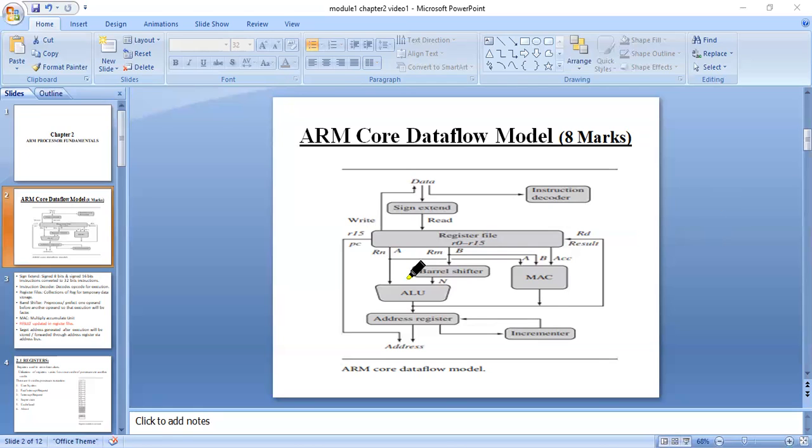To avoid this delay, I have to introduce one barrel shifter which will fetch in advance, before 5 arrives at the ALU. The minus 2 is converted into 2's complement, then 32 bit. It is done with the one extra work, then we will get the minus 2's 2's complement.